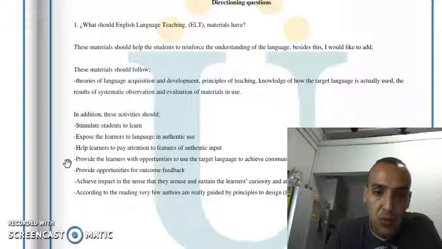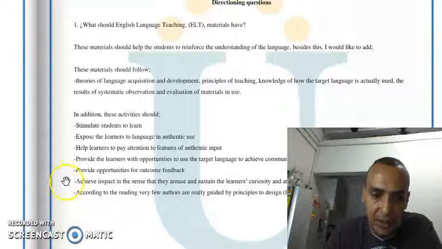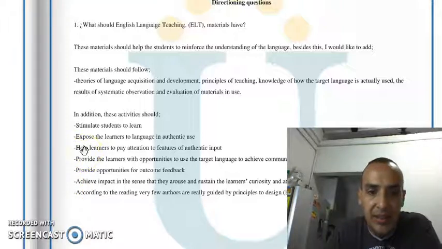Provide the learners with opportunities to use the target language to achieve communicative purposes. Provide opportunities for outcome feedback. Achieve impact, in the sense that they arouse and sustain the learner's curiosity and attention.